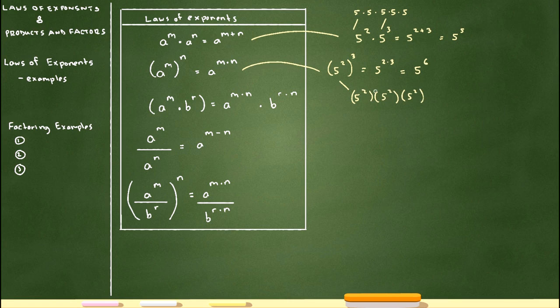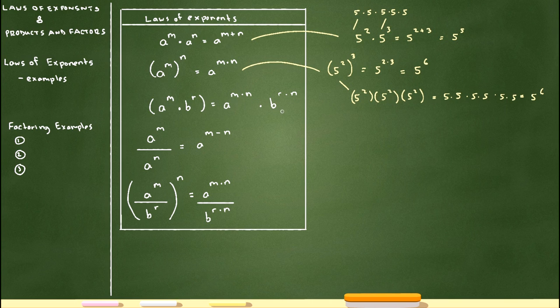And then the 5 squared here is equal to 5 times 5, and this one here is 5 times 5, and this one here is 5 times 5. So we see we get 5 to the 6. So we're going to have that 3 times 2 to get that 6 in the power here.